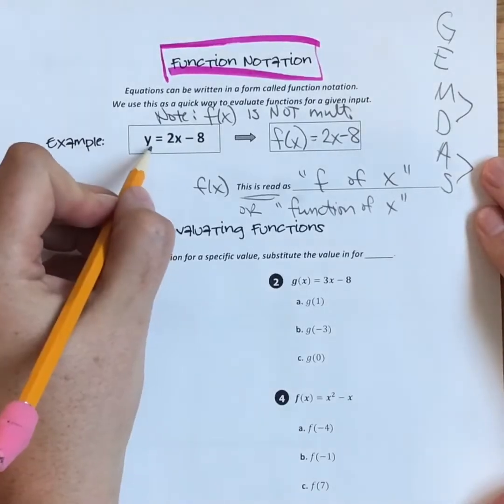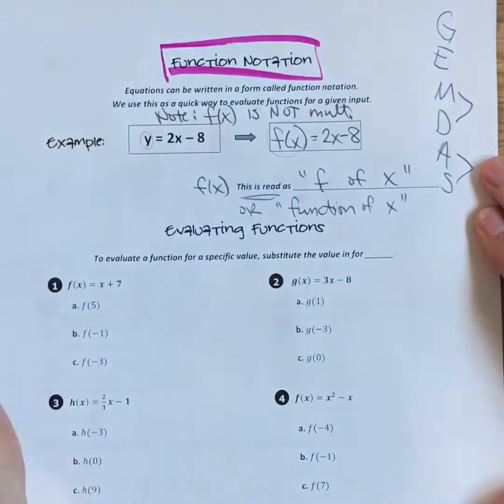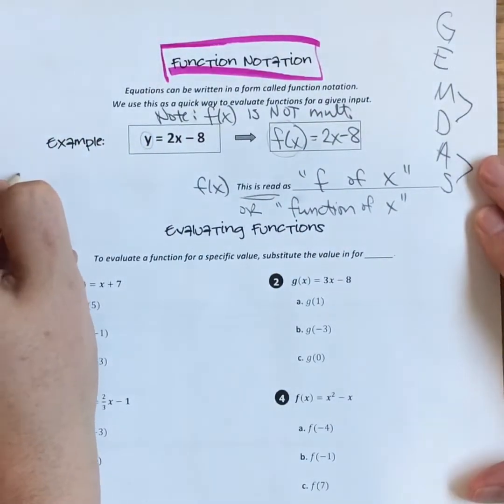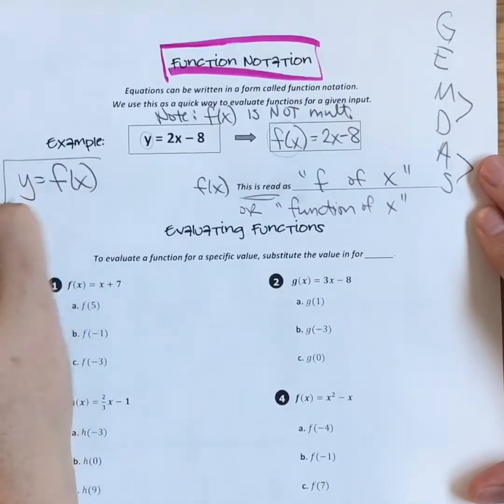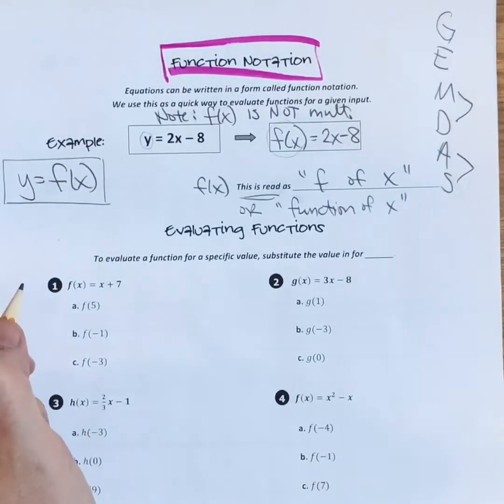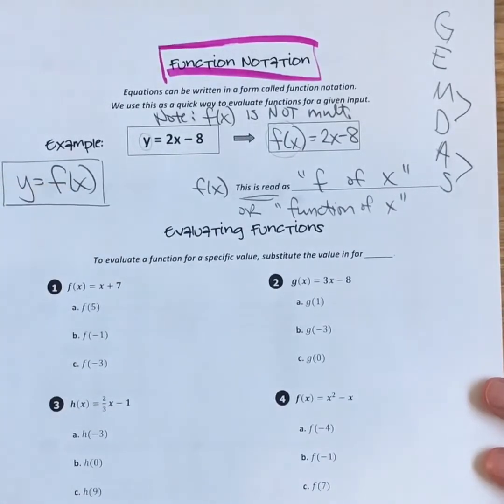Basically, notation is just another way of writing things. And in fact, all you're doing is replacing the y with this f of x. So essentially, the thing you need to understand is y equals f of x, and you're going to be using that a lot, especially in Algebra 2 and pre-calc and everything beyond that. But just know that these are equivalent.